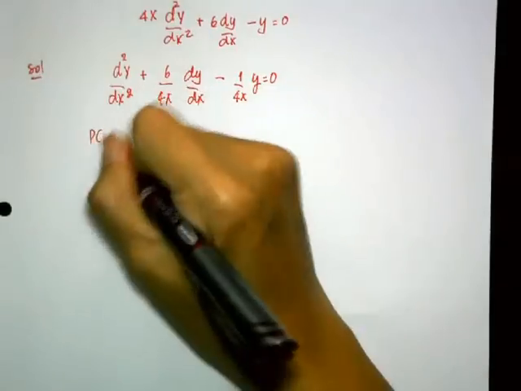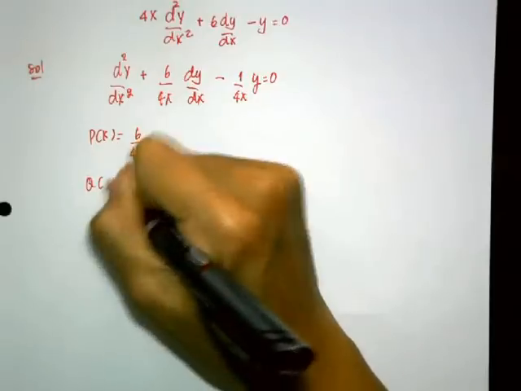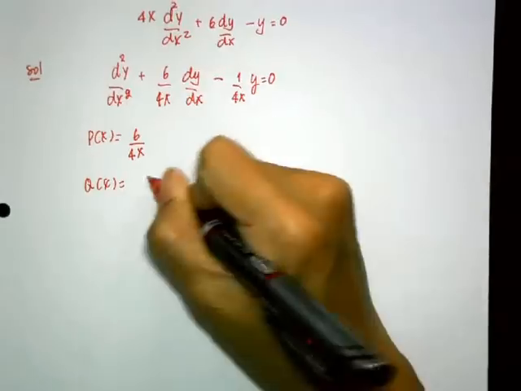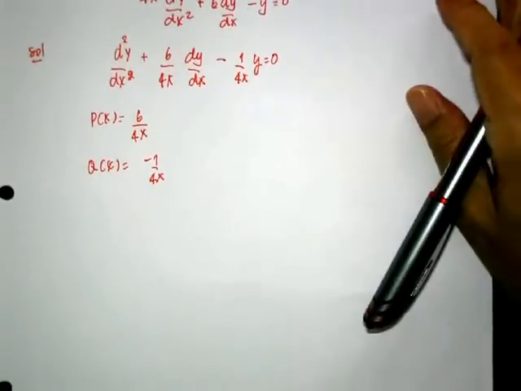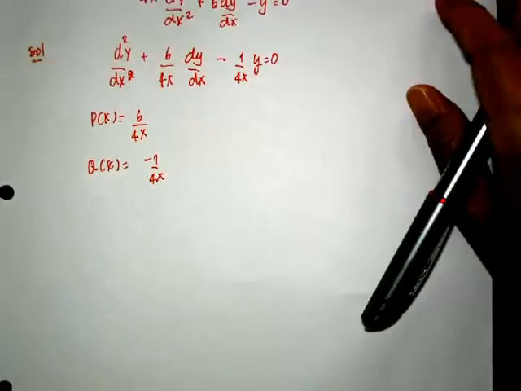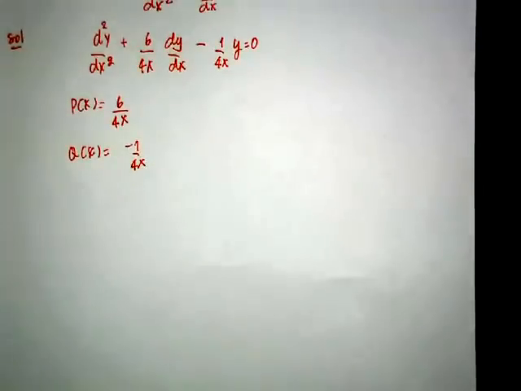this. So P(x) is equal to 6 over 4x and Q(x) is equal to minus 1 over 4x. So is x equal to 0 a singular point or an ordinary point?